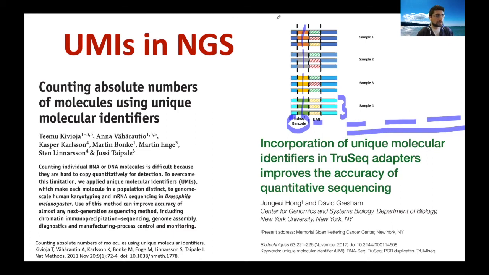Since the coverage is so high, you can have reads that start and end at the same position. So if you remove potential PCR duplicates, you can remove true biological signal. If you're starting a new RNA-seq project and you have the money to buy adapters with UMI, please do so. It's very useful. It will give you a very good quantitative result for your RNA-seq.